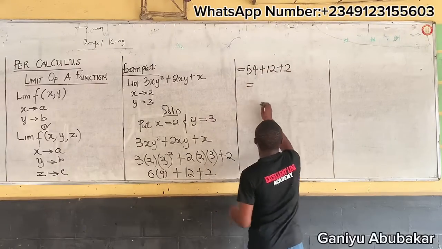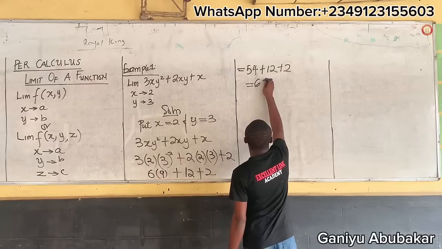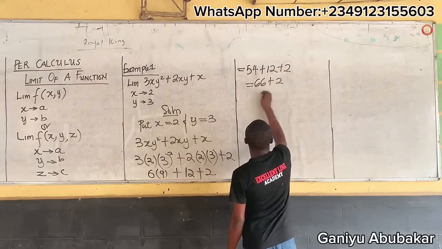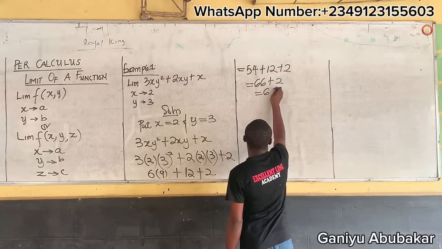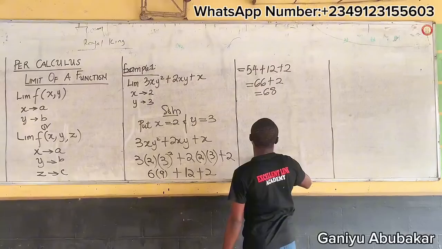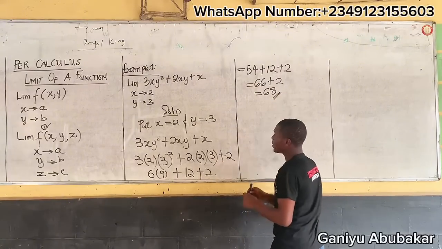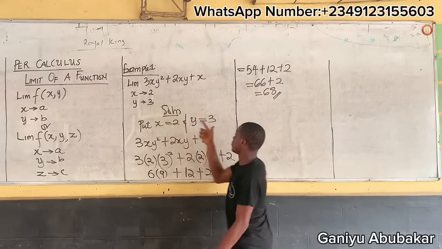If I add this, I'll have 66 plus 2, which gives 68. So on evaluating this problem, I have 68.